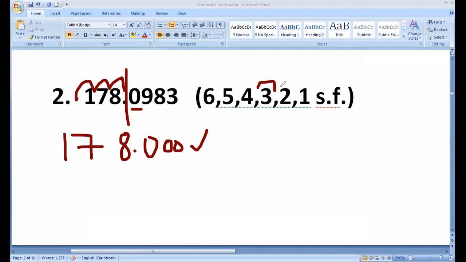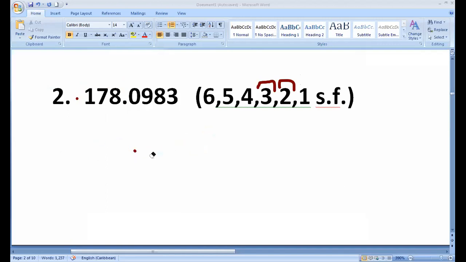Okay, so let us look at rounding off to 2 significant figures. Who wants to take that one? Sir, I'll try that one.